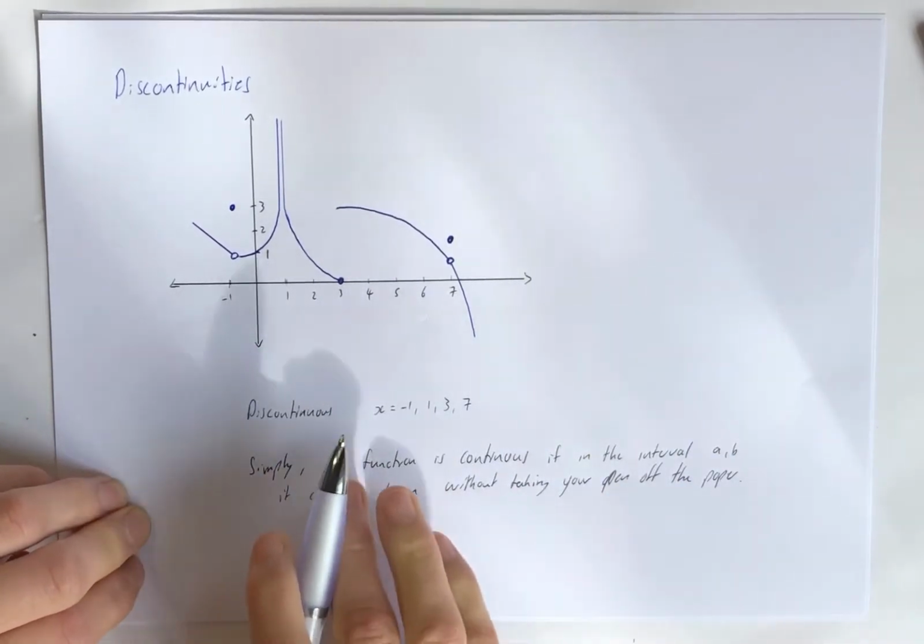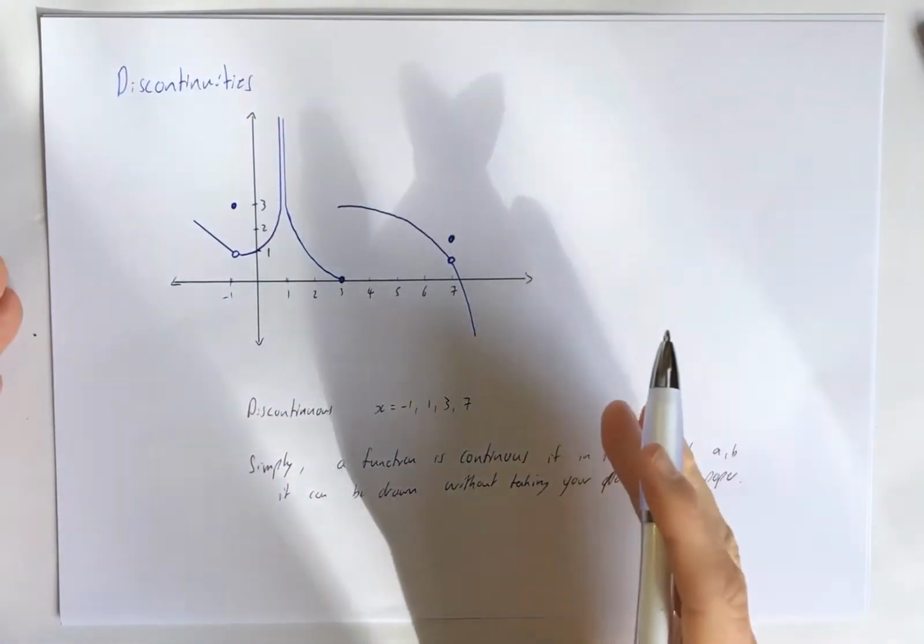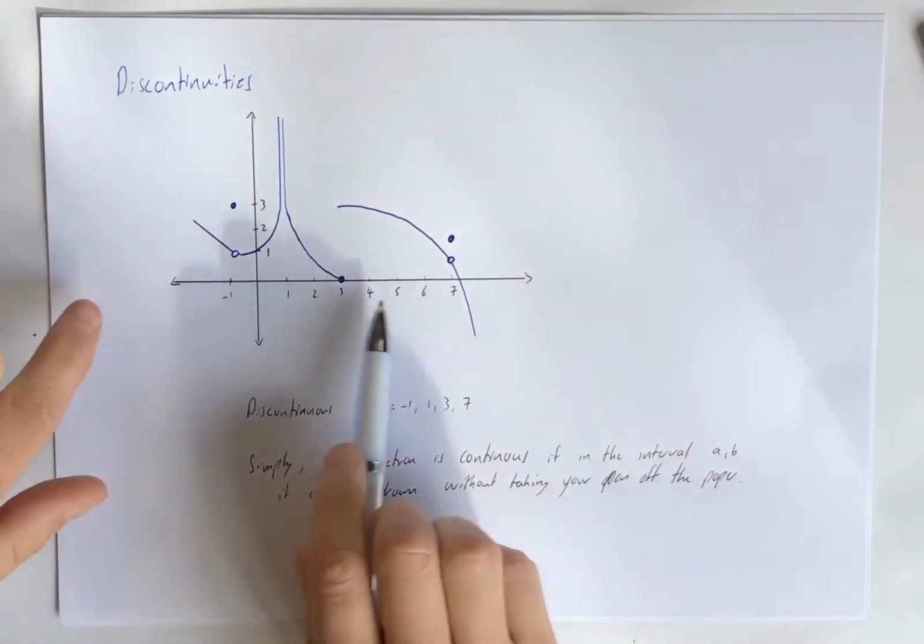So a function doesn't have to be defined continuously on the entire real number line.